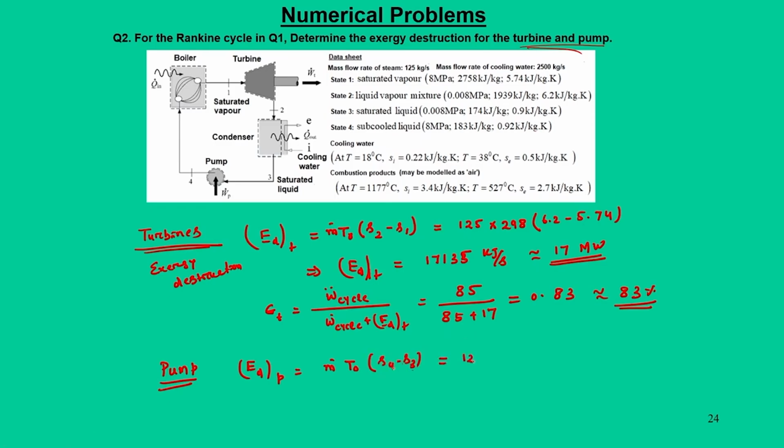So, it is 125 into 298 into 0.92 minus 0.9. So, this number turns out to be 3.7 kilojoule per second, which is quite low, or approximately 0.003 megawatt. That means pumps take the least energy. So, of course, if you say exergetic efficiency, it is almost nil, negligible.